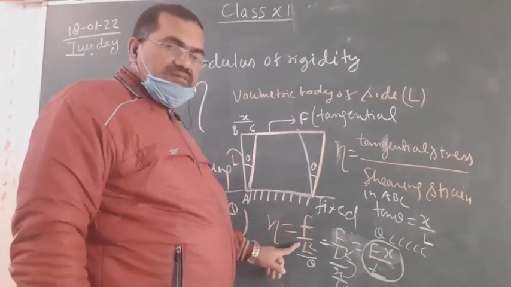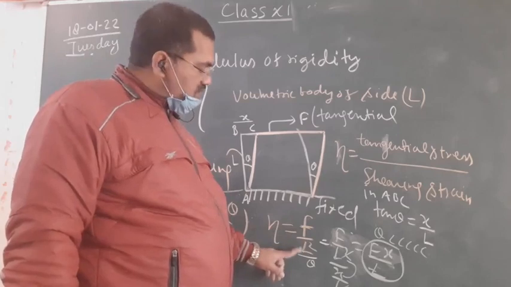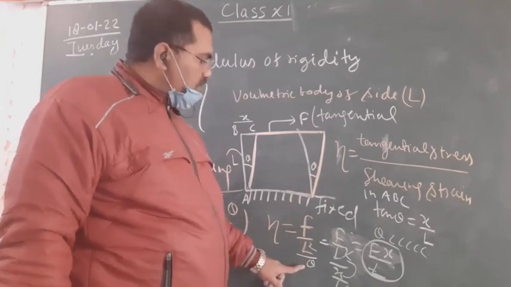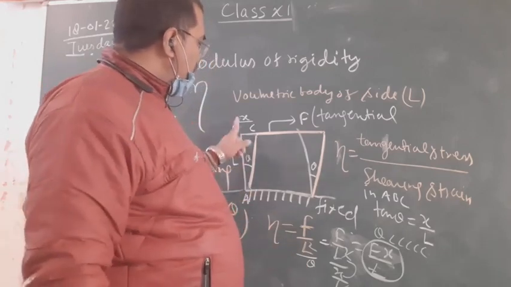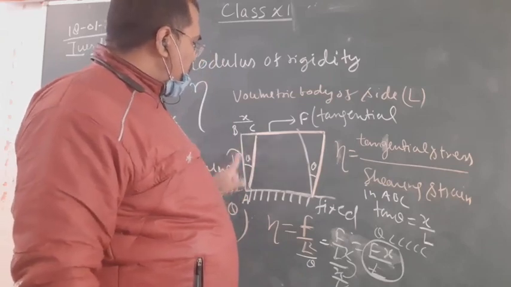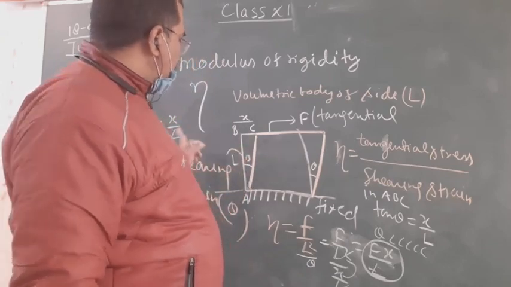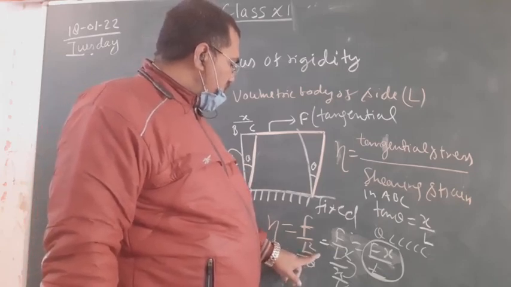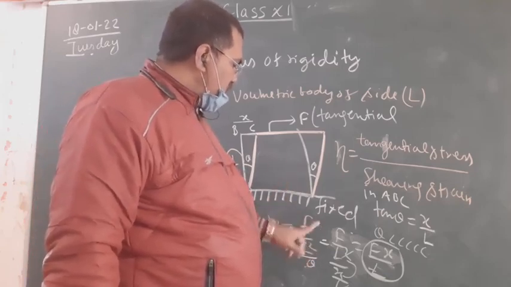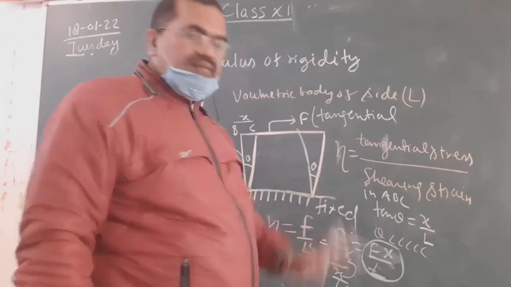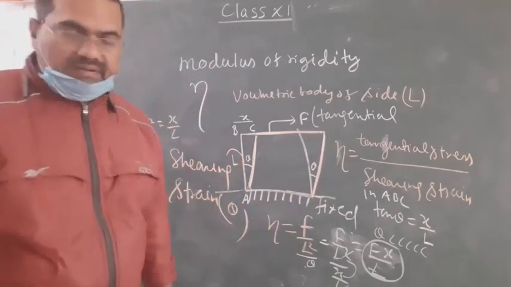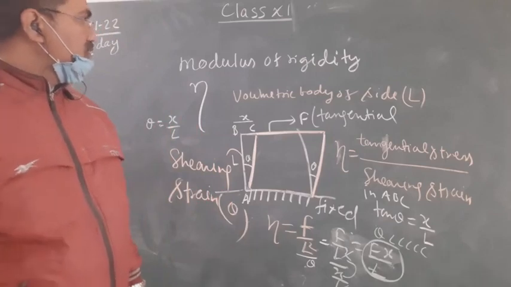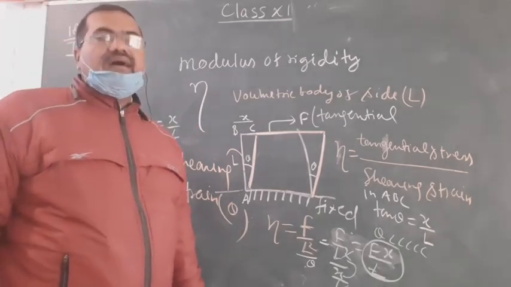F by L square is tangential stress, theta is shearing strain. Put theta equal to x by L, since tan theta equals x by L and theta is very small. So x comes here and L will be on the upper side. So L can cancel. This is all about modulus of rigidity, which is called eta. Thank you.